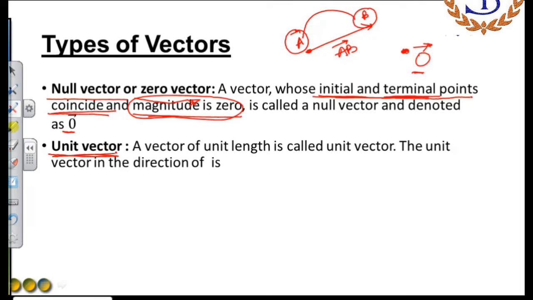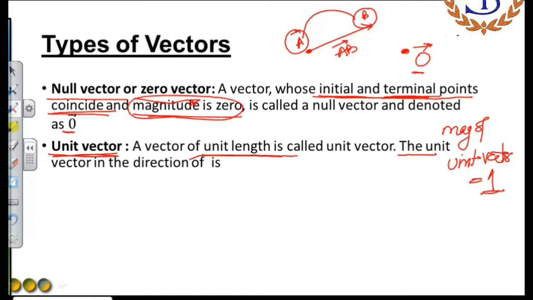A unit vector is of unit length. It means the magnitude of any unit vector will always be 1. Of unit length means magnitude 1.